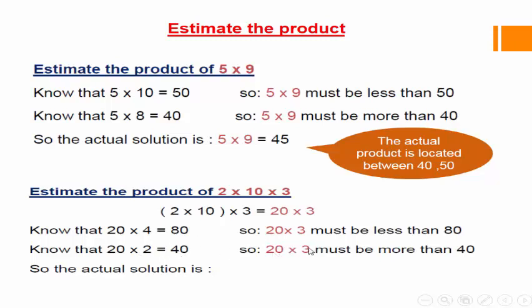So 20 times 3 must be more than 40, excellent, because 3 is more than 2. So the actual product is located between 40 and 80. The actual product 20 times 3, 3 times 2 is 6 and 0, 60. It's really located between 40 and 80.